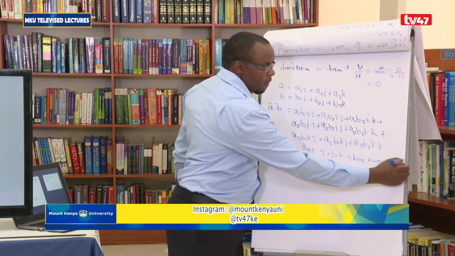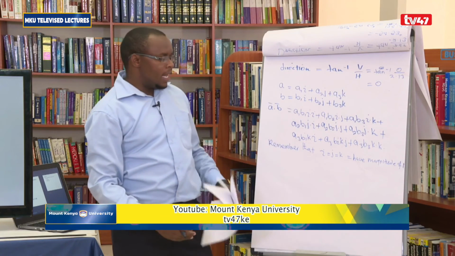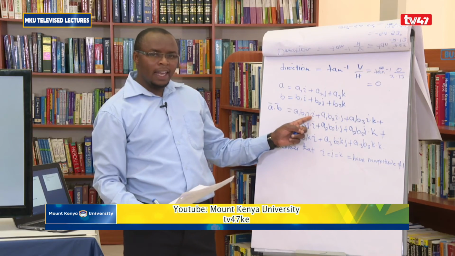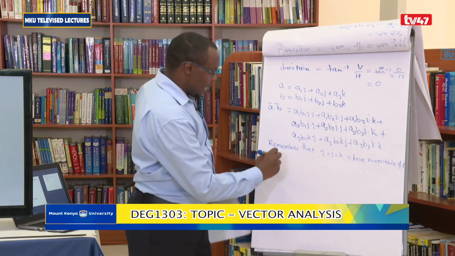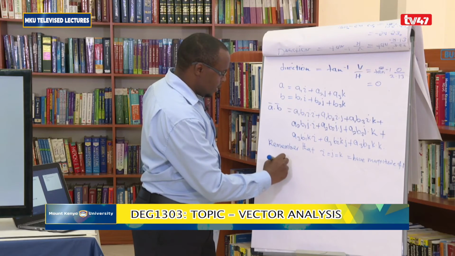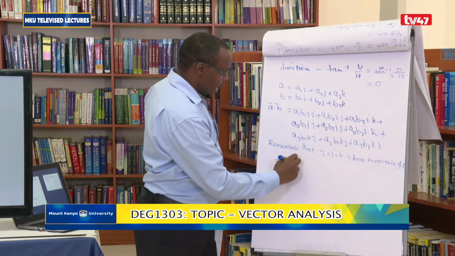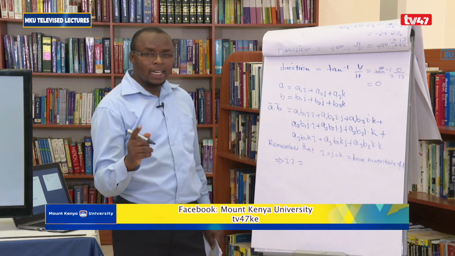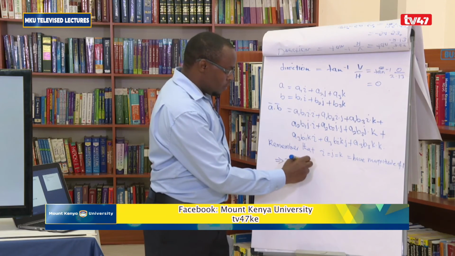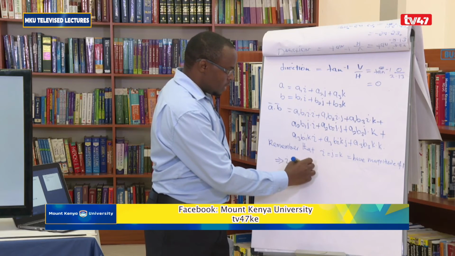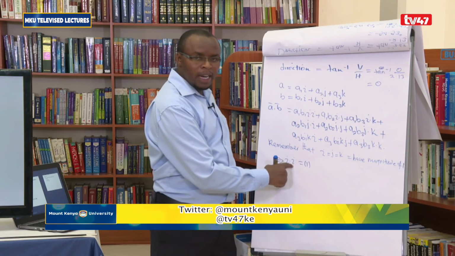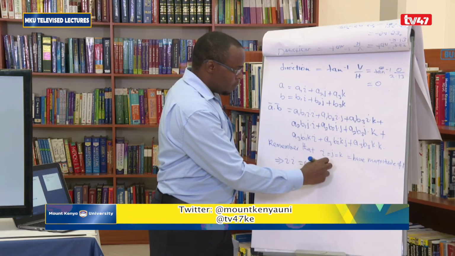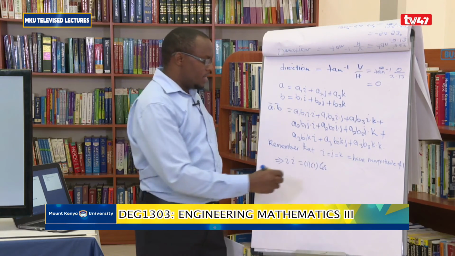So whatever we are multiplying here, for instance i dot i, using the dot product formula, this is going to be the magnitude of the first one, which is 1, times the magnitude of the second one, which is again 1, times the cosine of the angle between them, which is 0.